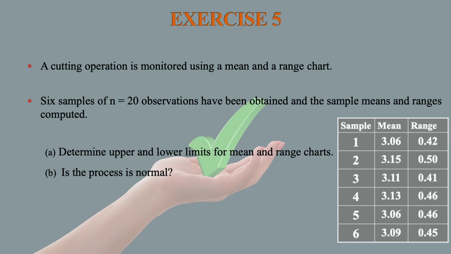So we have to determine upper and lower limits for mean and range charts. And the second question is, is the process normal? First of all, we have to calculate the upper control limit and the lower control limit.